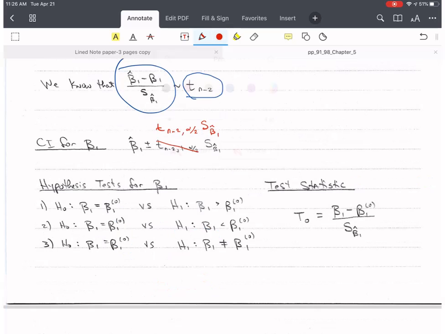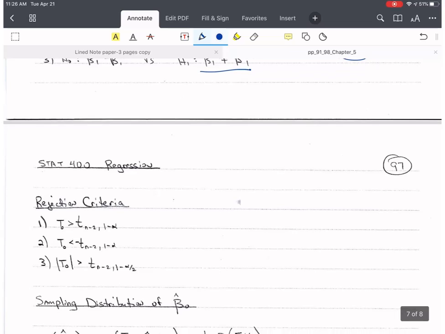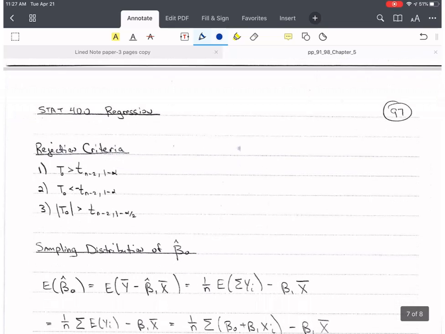We can do hypothesis tests for this. In fact, there's 3 of them. The null hypothesis is always the same, that beta 1 is equal to some beta 1 naught, some value, versus it's greater than, less than, or not equal to. Okay? And the test statistic, t naught, is again beta 1 hat minus beta 1 naught, whatever the value is we're testing against, divided by its standard deviation, or standard error.